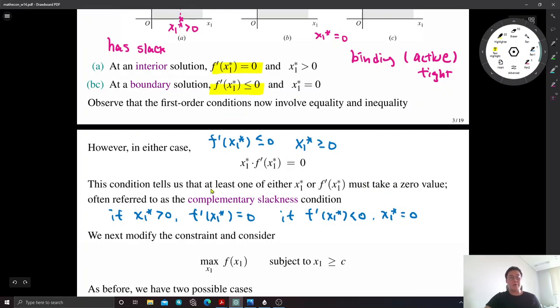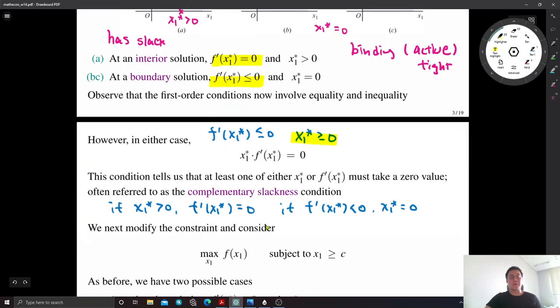So the reason for the complementary slackness condition is, if this constraint has slack, x1 star is strictly positive, and the other condition should be binding by this complementary slackness condition, right? Or if this constraint has slack, so f prime is strictly negative, the other constraint must be binding, right? So this condition shows that there is a complementarity between these two constraints. So this is why we call it the complementary slackness condition, okay?